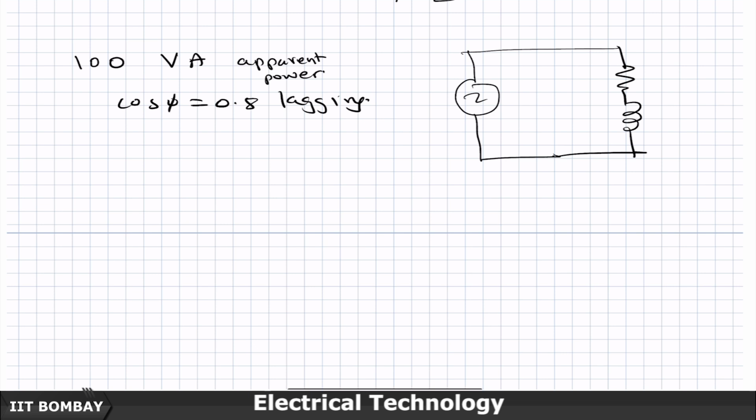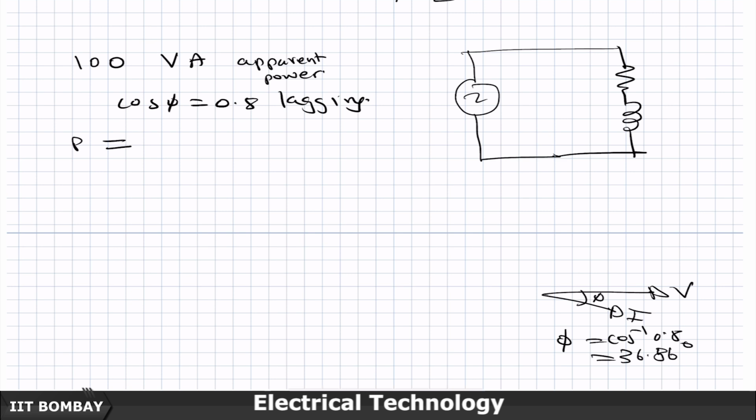Lagging means if this is V, the current phasor is now at an angle of cos inverse of 0.8, which is some 36.86 degrees. So this is the situation that I am having.